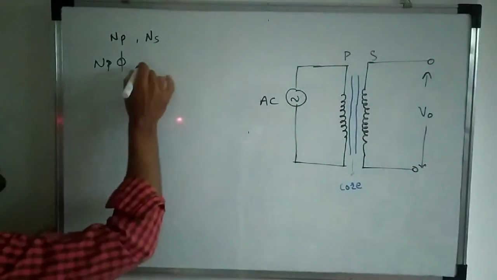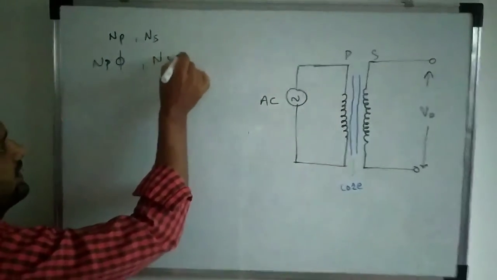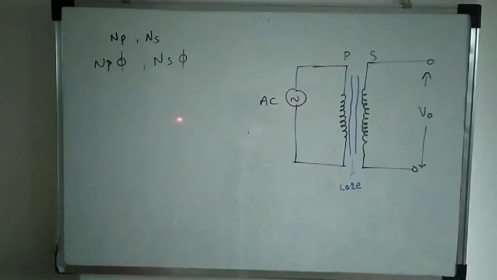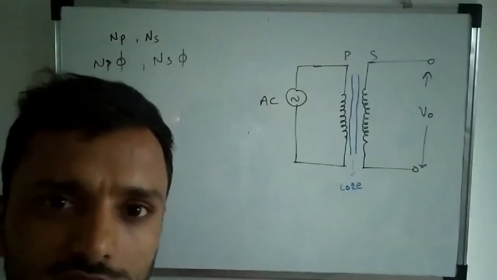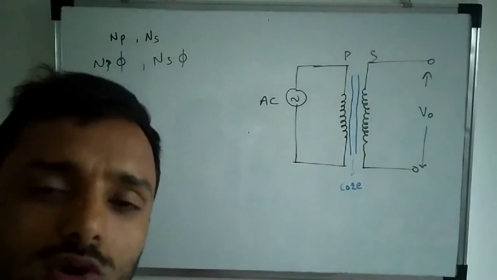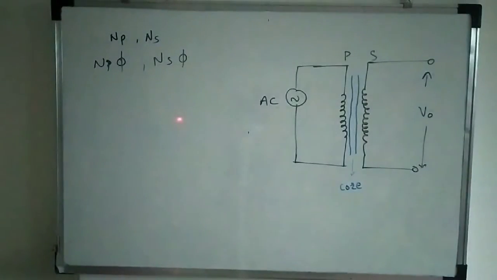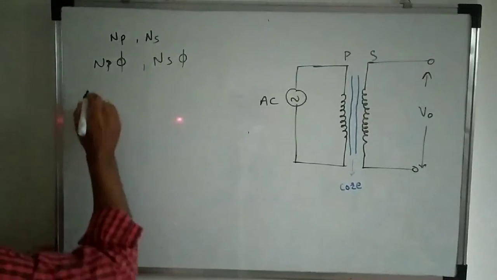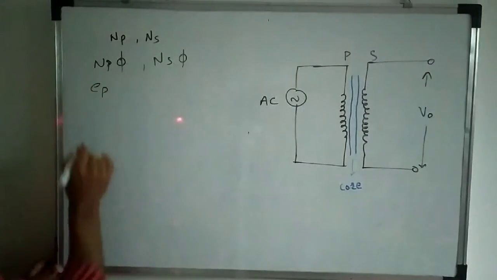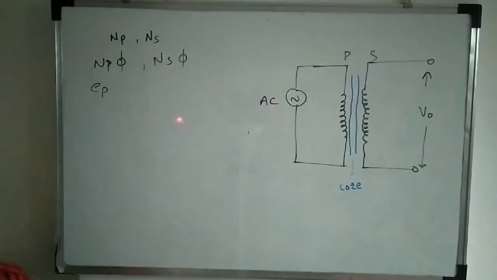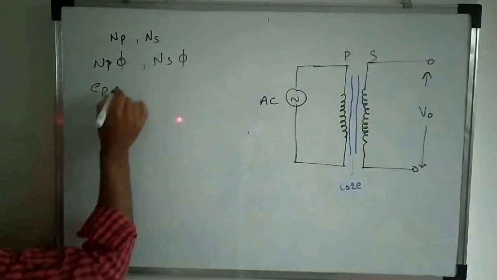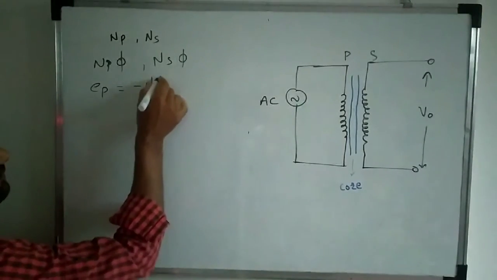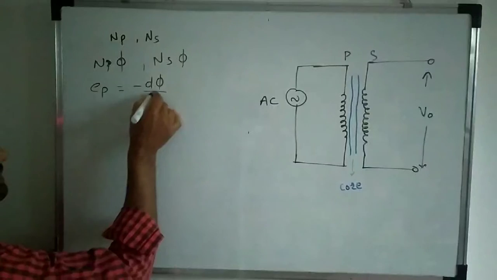That of the secondary coil, NS phi, be the magnetic flux associated with the secondary coil. According to Lenz's law, how can we write the equation for induced EMF? According to Lenz's law, the induced EMF across the primary, due to self-inductance, is given by minus d phi by dt.